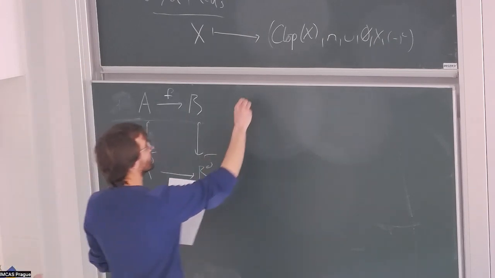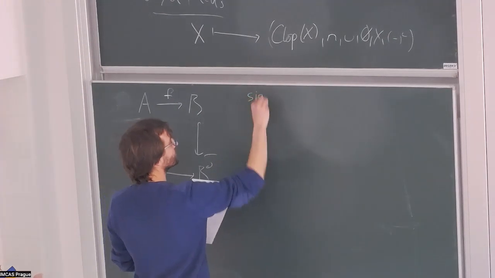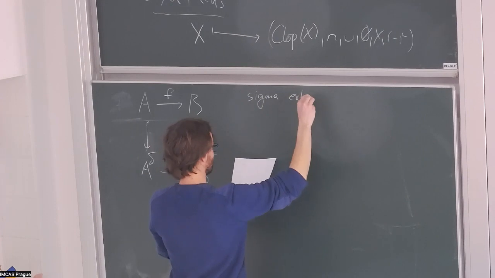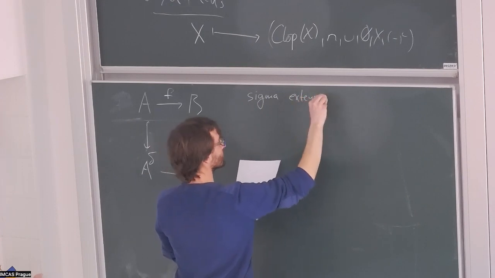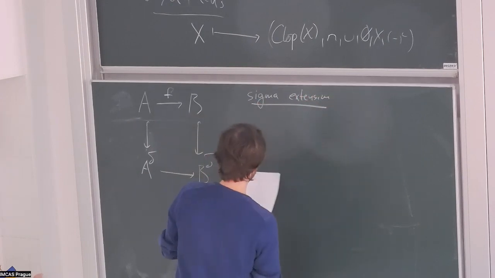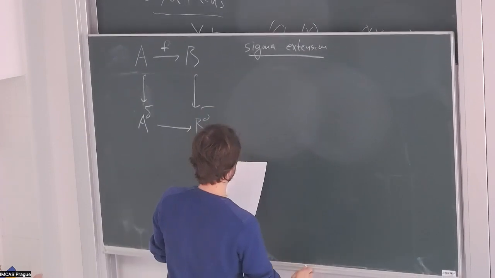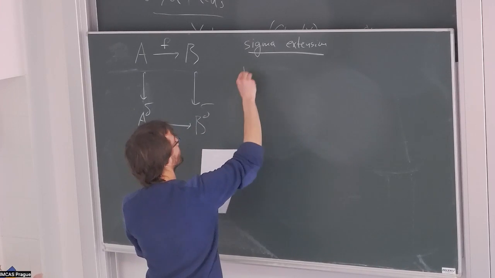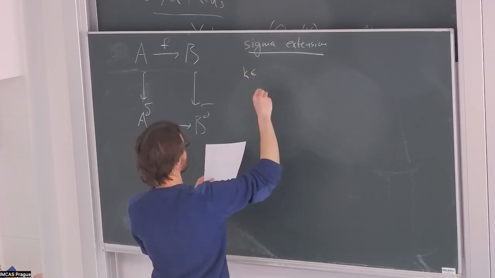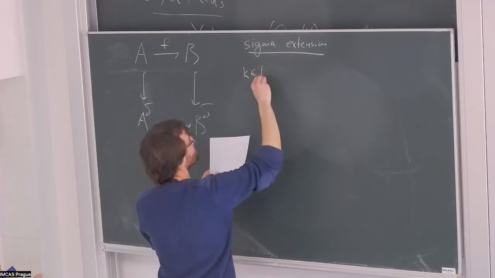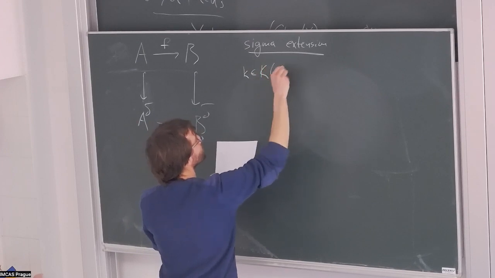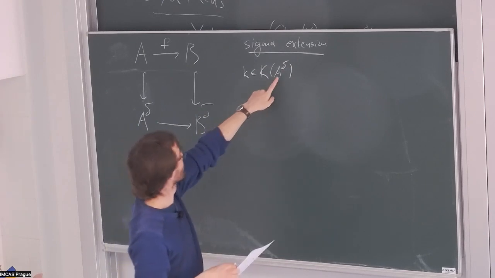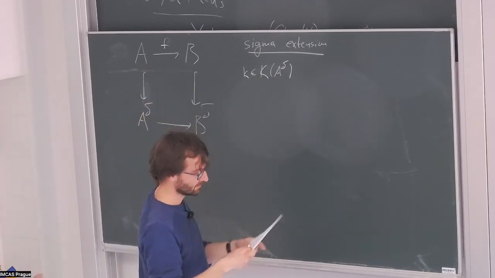The sigma extension is the one where you first meet extend and then join extend. So if I give you a compact element, this is the one that's obtained as meets of elements in A.